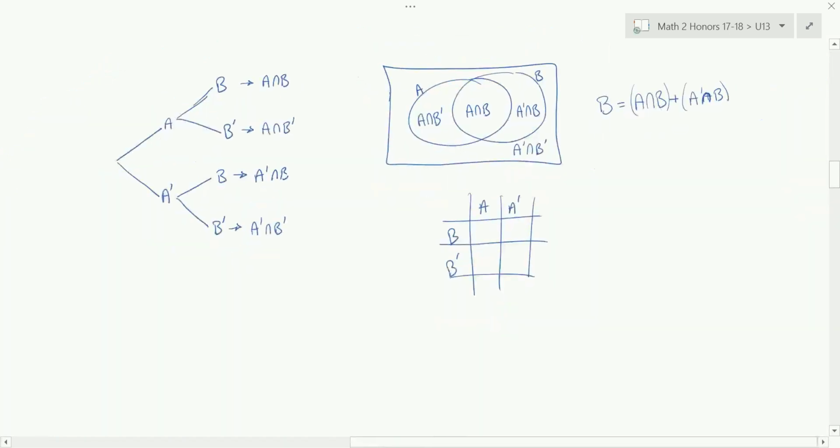But before we do, let's review a couple things. What is the formula for the probability of B given A? We went over this yesterday. It's a fraction. What goes on top? And what goes on the bottom?